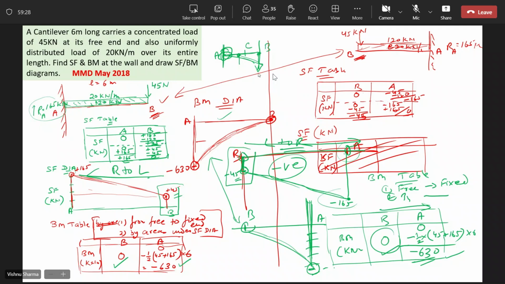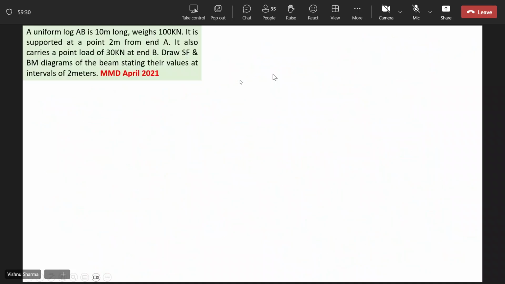Then came a question in the MMD exams in April 21. Now, again, why do the boys get confused? Because the question is not saying cantilever. What does it say? There is a uniform log AB, 10 meter long. So log can be a beam, weighing 100 kilonewton.